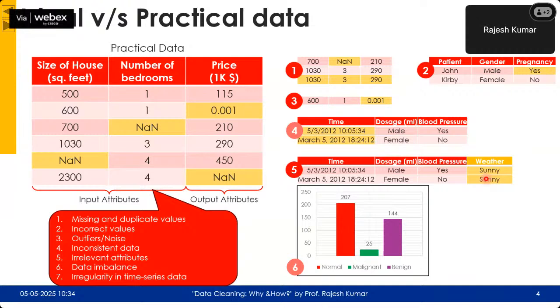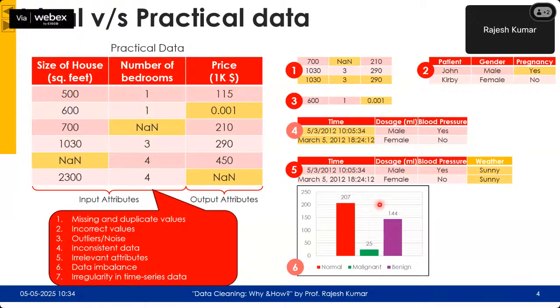Then there is data imbalance. This is very important. You can see here you have three classes: normal, malignant, and benign. If you train a model over it, obviously when you take training samples, there are likely more training samples of the normal.